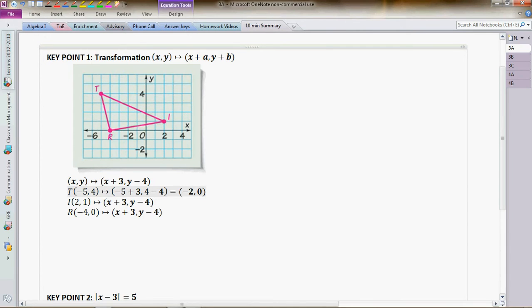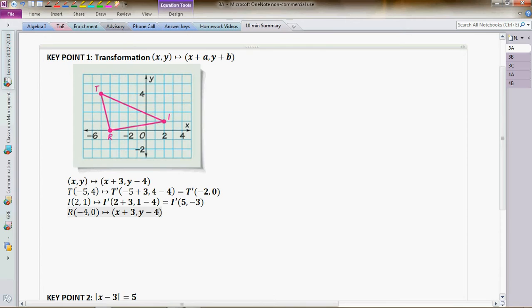So that's going to be the new point. Let's call this T prime, because it implies a new point. And for I, let's call it I prime. x is 2 and y is 1, so I prime, the new point for I, will be 5, comma -3.